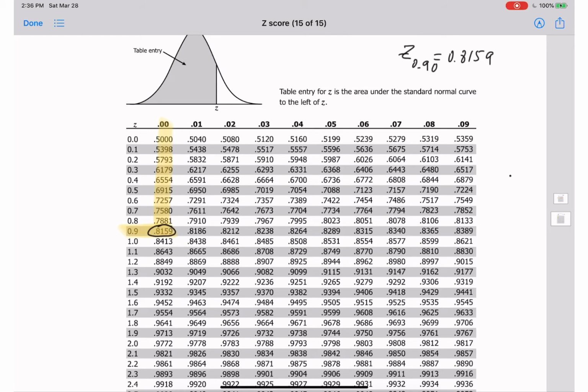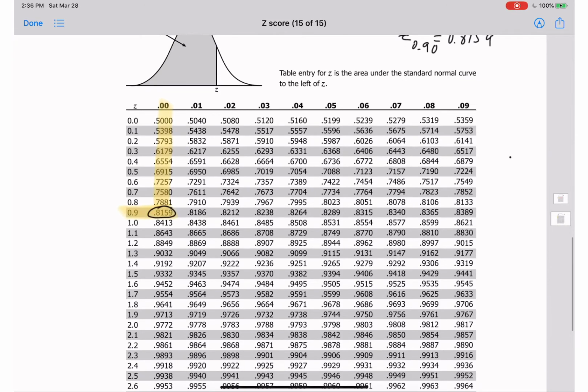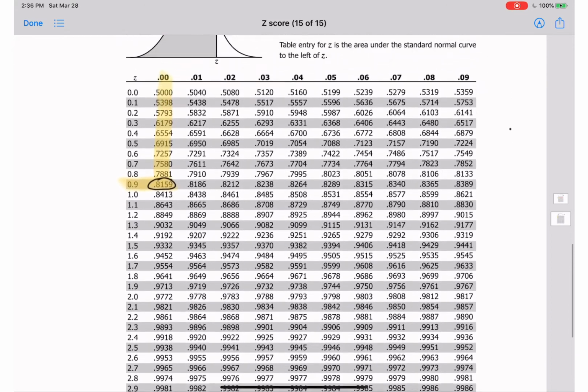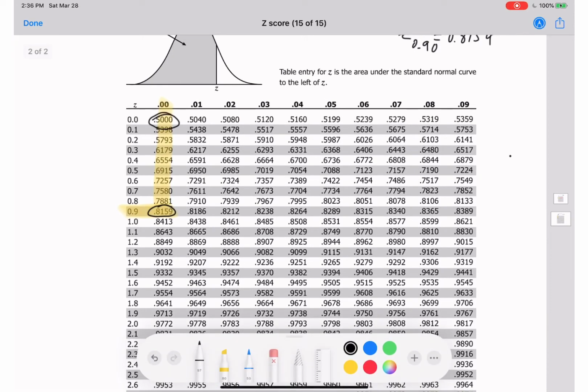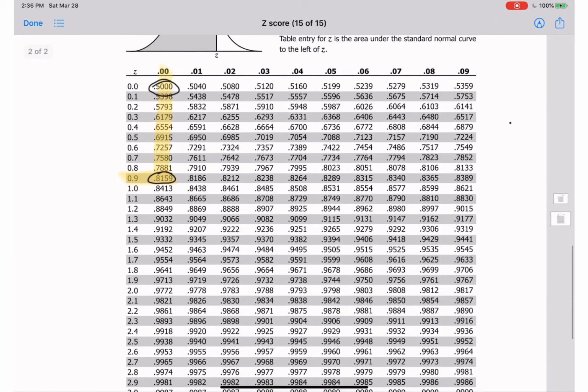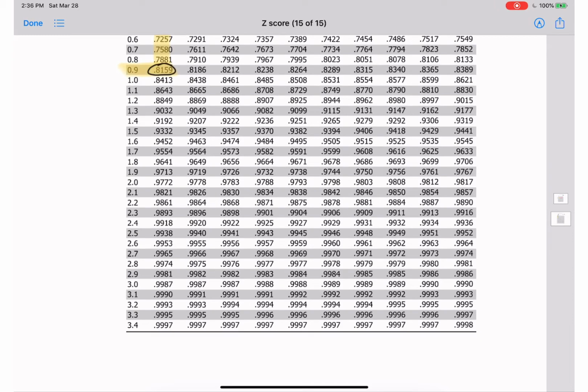As you can see, the numbers for positive z-scores start with 50% and go all the way to 99.98. Remember what I told you back then.